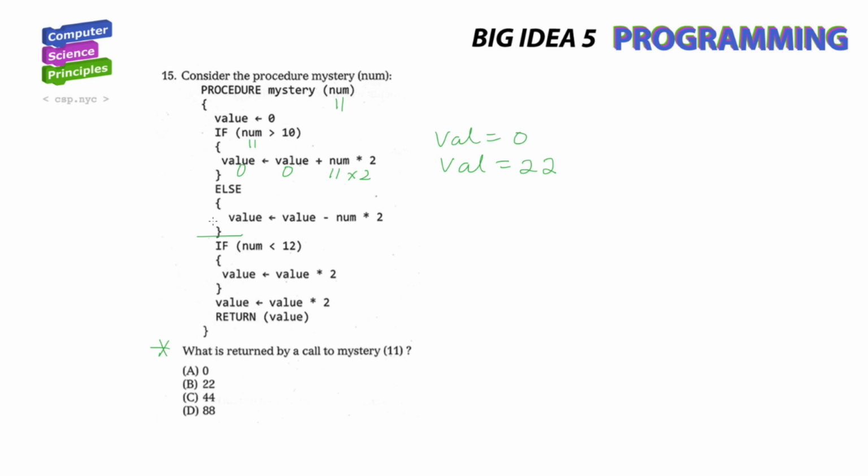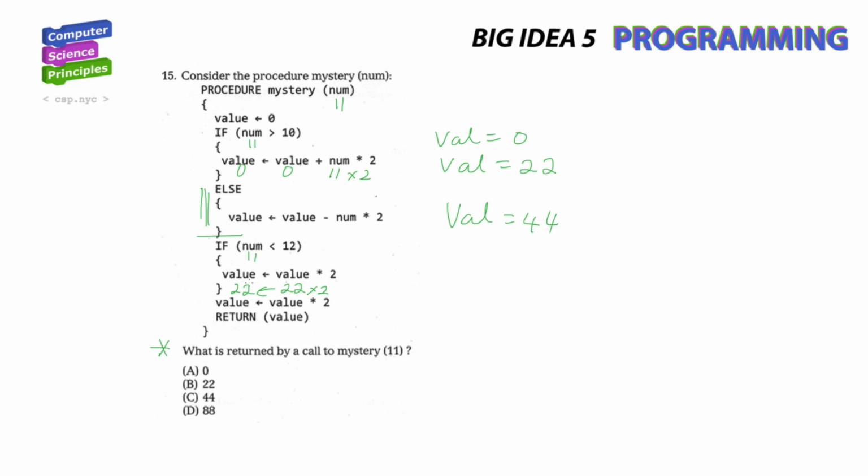Else do this stuff. But we don't need to do this because the first part of the statement was true. But now it comes on to this and it says if num is less than 12, well, our num was 11 and 11 is less than 12. So now it takes the value, which is 22, and gives it 22 times 2. So the value now becomes 44.